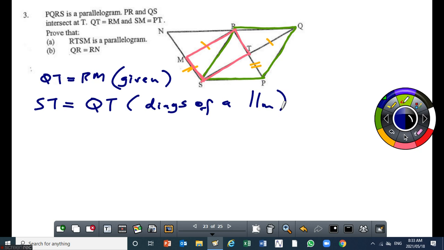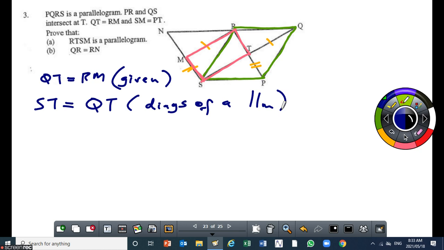So what I'm saying here is that ST is equal to QT because we are told that PQRS is a palm, therefore the diagonals PR and QS bisect each other. Hence, QT will be equal to ST. You have to know your properties of a palm. If you don't know your properties, then you are going to find this type of question very challenging.